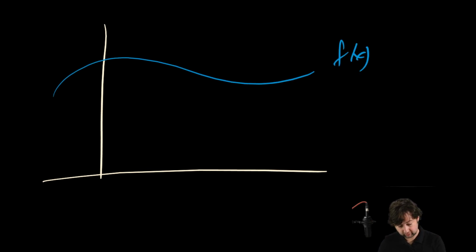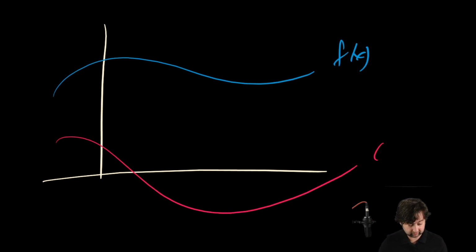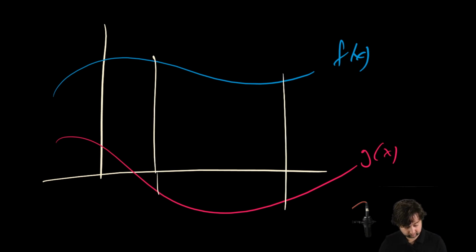The thing that you need to know most of all is this picture. So here's what your takeaway should be. You have a curve f of x, you have a curve g of x, you have a region that you're interested in investigating from x equals a to x equals b.